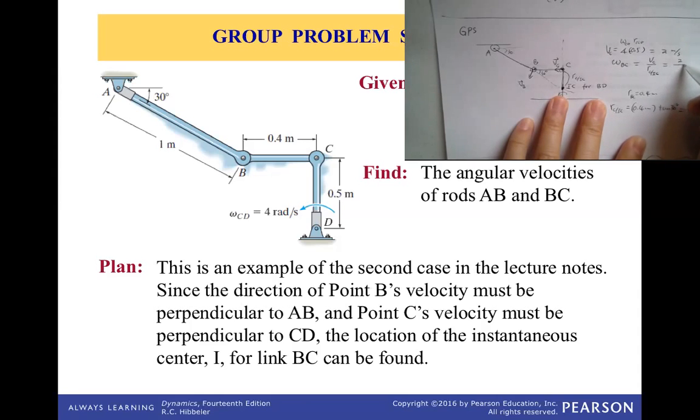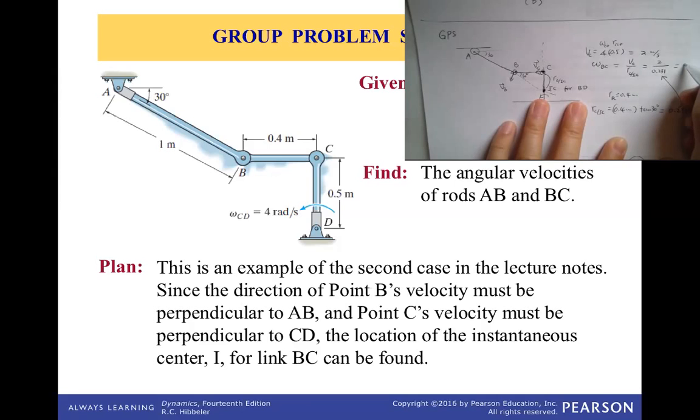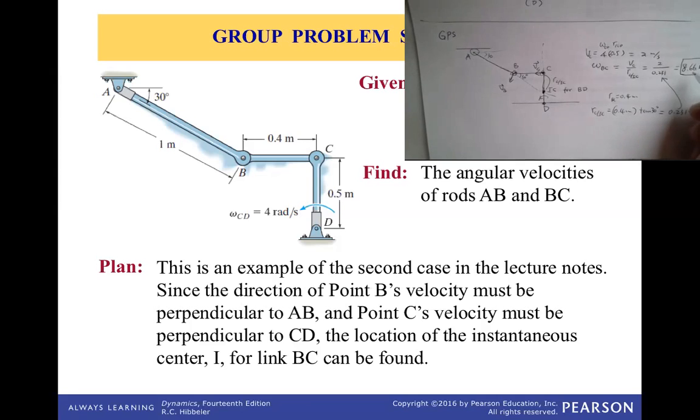So then this is equal to 2 divided by 0.231 meters, okay? Take that into that expression over there. So then omega BC is 8.66 radians per second. That's omega, okay? All right, so we have found omega BC then.